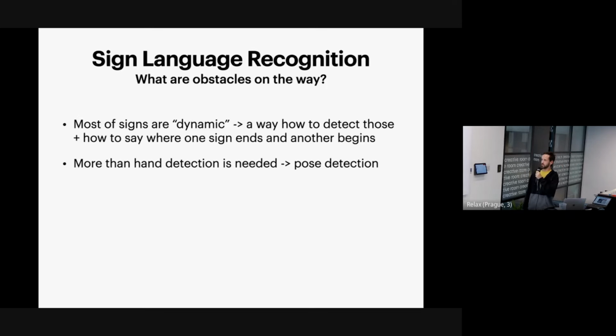And I mentioned through my presentation, it's more than hand detection. You need to do whole body detection. There are some signs that differ, like it's the same sign, but it depends how far your hands are.